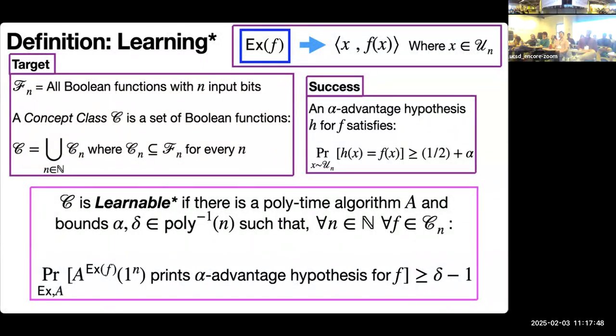Curly C, a concept class, is learnable star with an asterisk if there is a polynomial time algorithm A and bounds alpha, delta, those are inverse polynomial, such that for every possible number of input bits and for every possible function F in the n-bit input slice of the target concept class, the probability that our learning algorithm, when it has access to this example oracle, prints an alpha advantage hypothesis for F is at least delta minus 1, right?